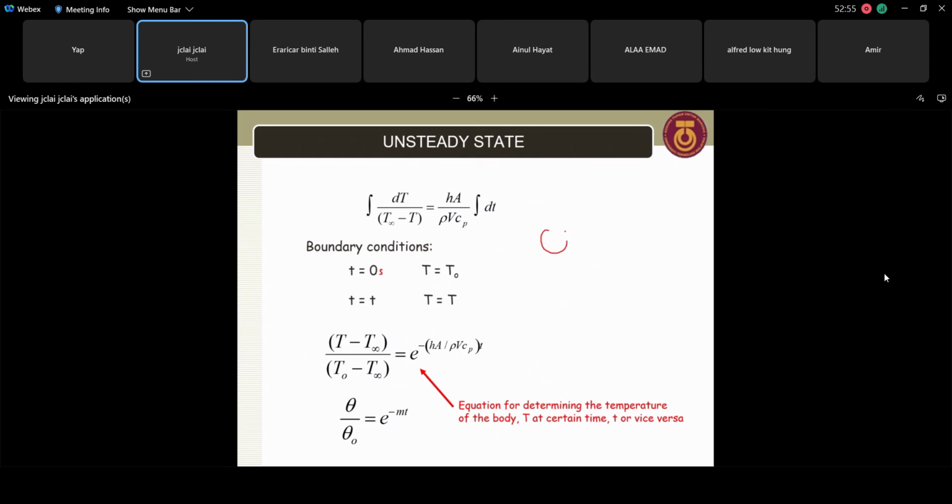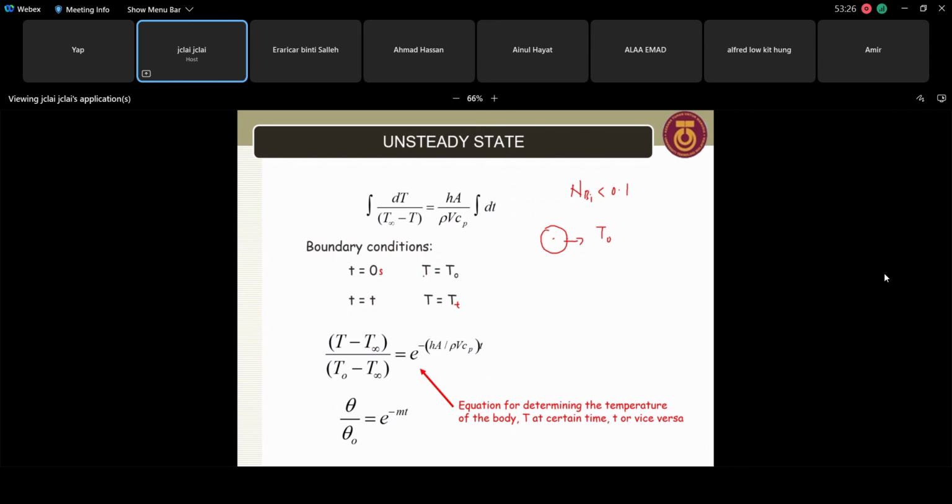Remember, because now the Biot number is less than 0.1, we assume T center is the same as T surface. So there's only one temperature. So the whole body is at T naught, right? But when t equals t, the temperature becomes T. Okay, and the temperature across the body from the center to the surface is the same, one temperature only.